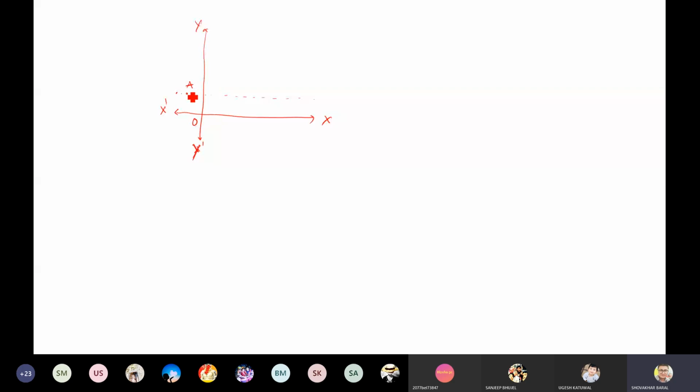Suppose this is Mr. A. This Mr. A is moving in such a way that its distance from the x-axis is always fixed. Let us suppose it is 3 units. Again it is 3 units here. Again it is 3 units. It is satisfying a certain condition to move such that it traces a path. This path is called the locus.